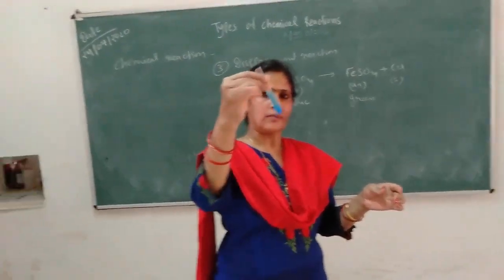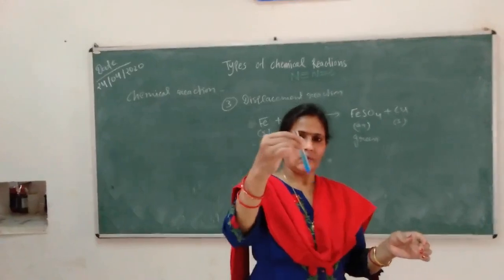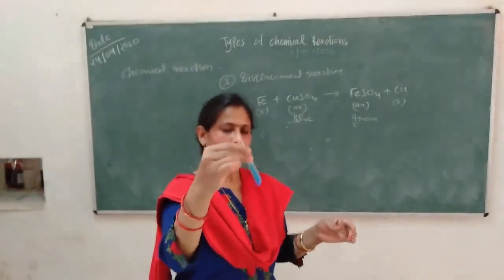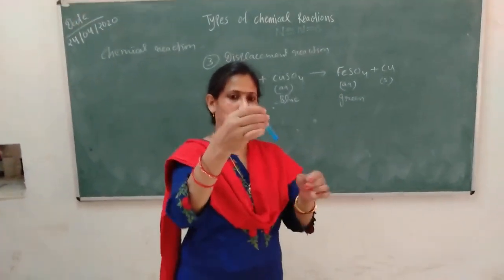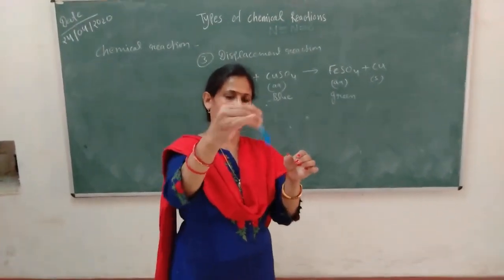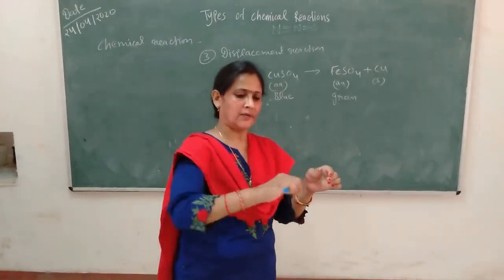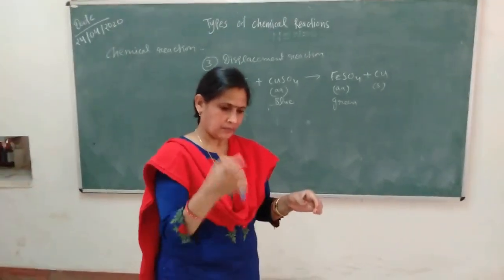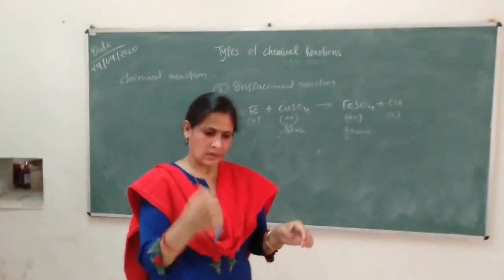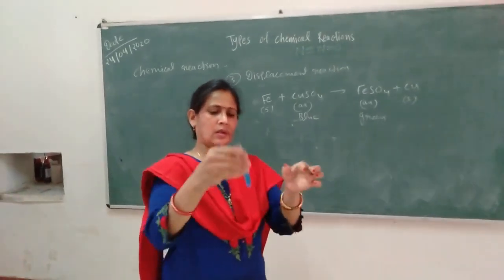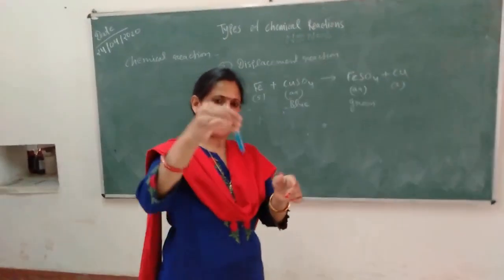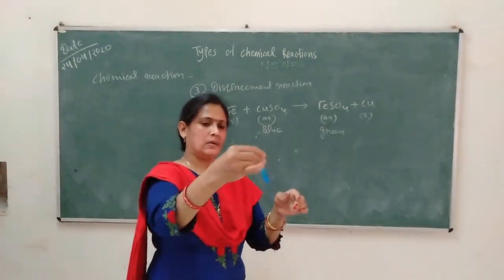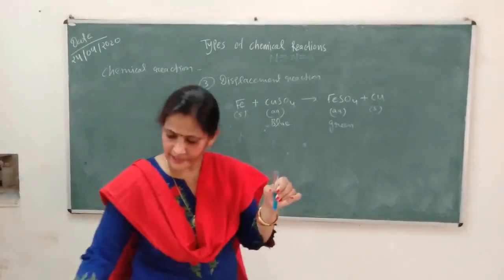You can see, you observe we obtain this blue color solution of copper sulfate, and after preparation of this blue color copper sulfate solution, drop an iron nail.